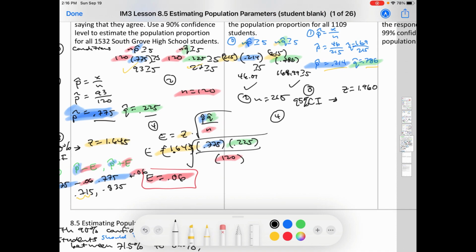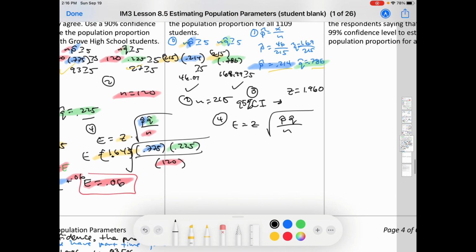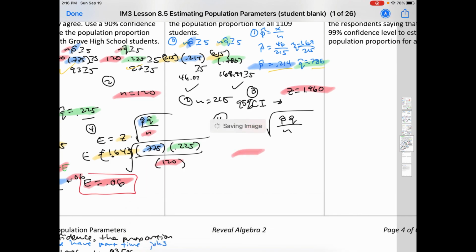Step 4, let's find our margin of error. P hat, Q hat, divided by N. And our Z score is 1.960.